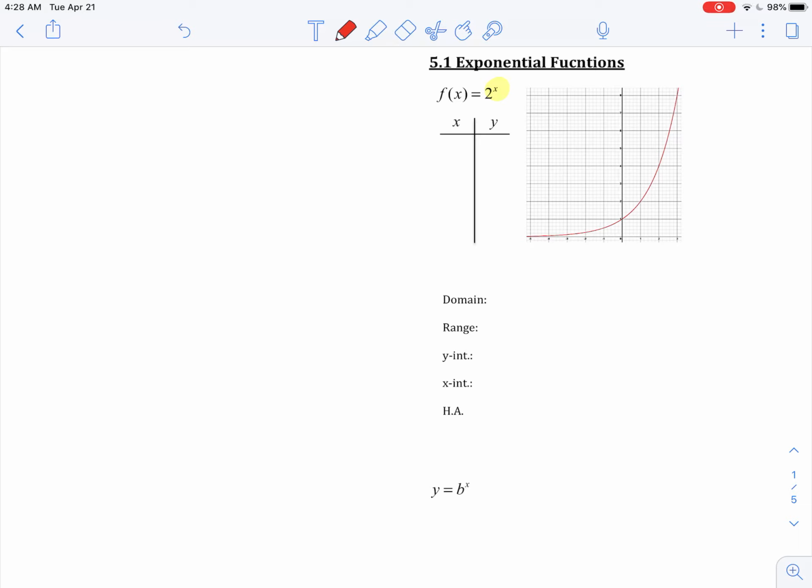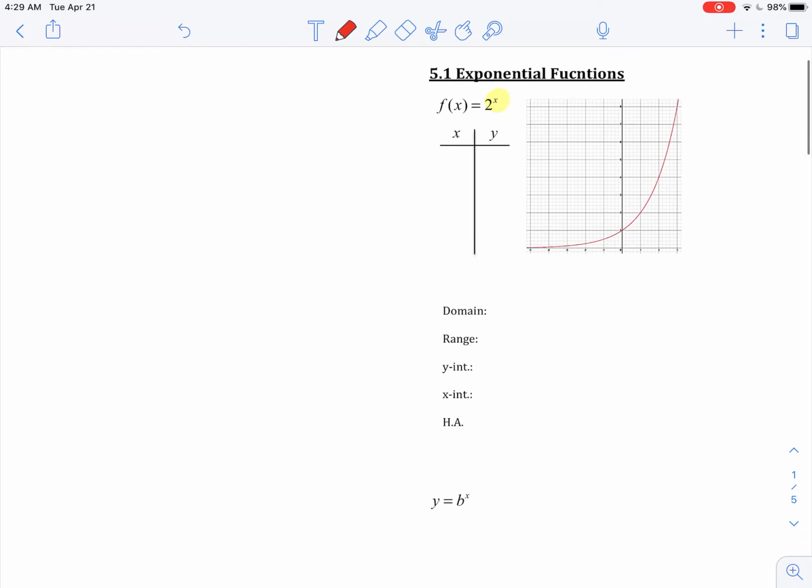To graph anything, we can always make a table of values. If we let x equal 2, then 2 raised to the second power gives us 4, and we have our point (2, 4) right here.